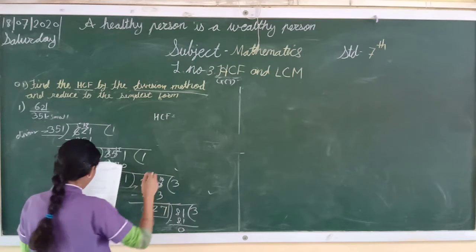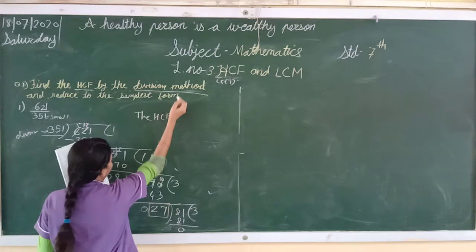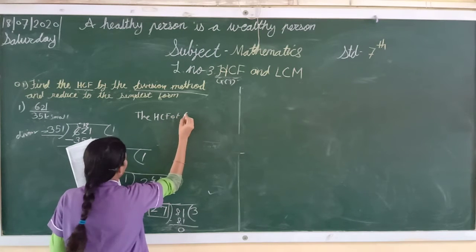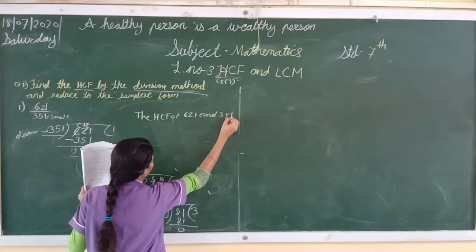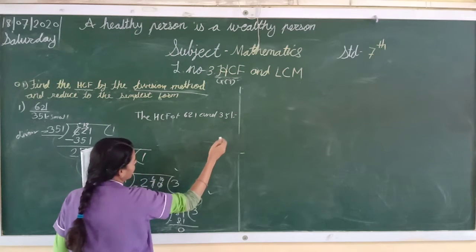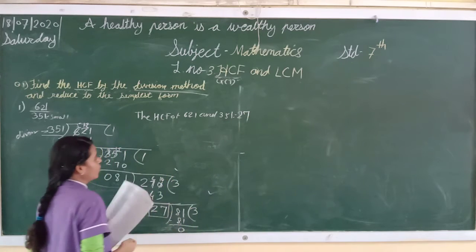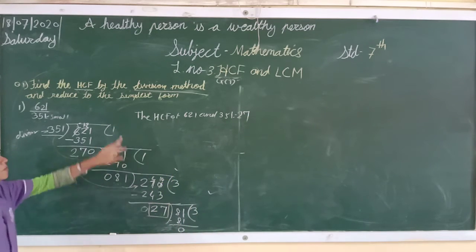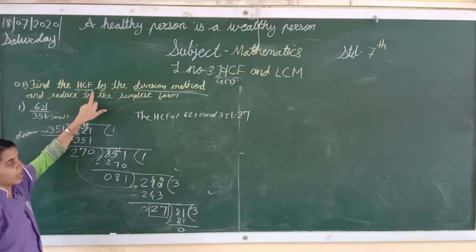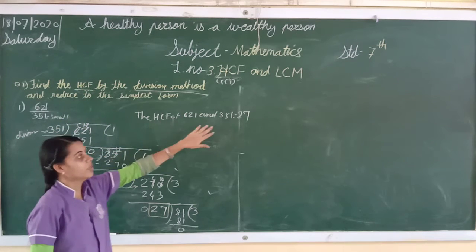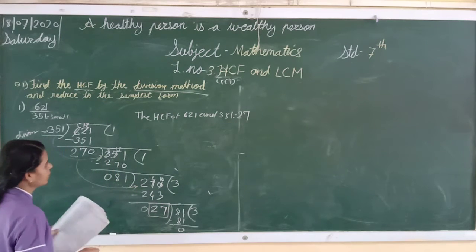What is the HCF of 621 and 351? Which one, students? 27. 27 is the divisor, the highest common factor. So what is the HCF? 27. I hope students you understood.